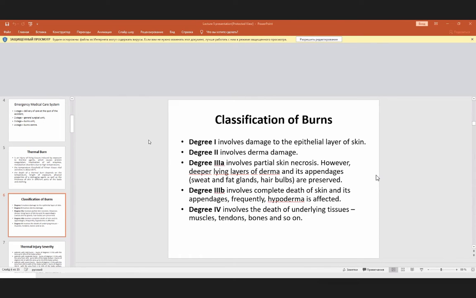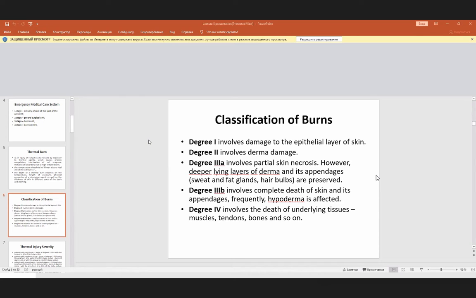Degree 1 involves damage to the epithelial layers of skin associated with hyperthermia, skin infiltration, and inflammatory exudation.